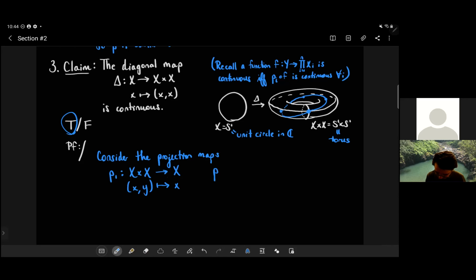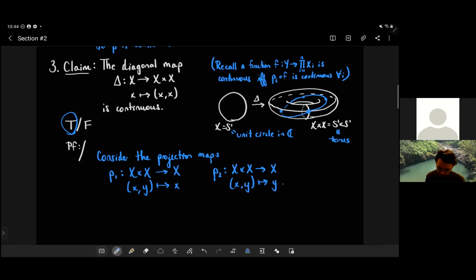And I mean, might as well always also look at P2, right? So (x, x) down to x, mapping (x, y). This time it projects onto the Y component. And you might think of what these projection maps look like on a torus. Kind of unfolds it in a weird way. But anyway.